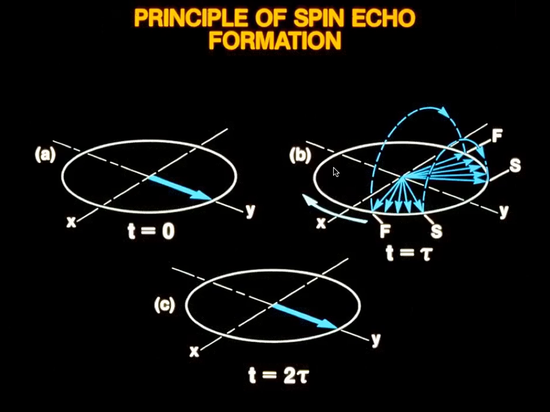They interact with each other, and that interaction changes over time. So some of these nuclei will have their precession changed because their frequencies will vary over time during this experiment. And that's called time-dependent dephasing, and that can't be corrected by a 180-degree pulse.